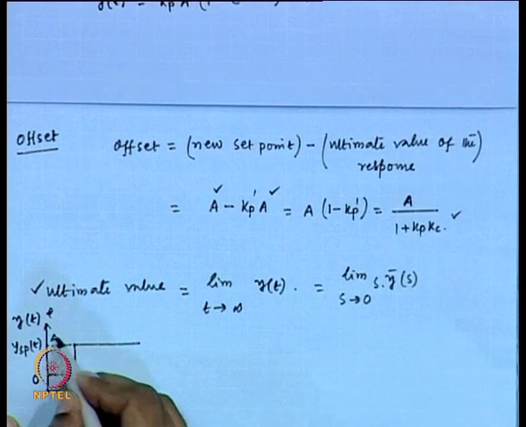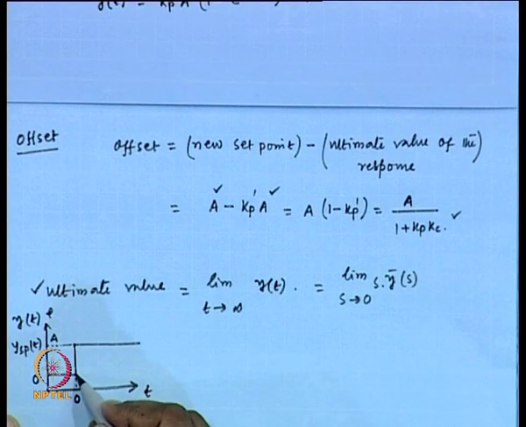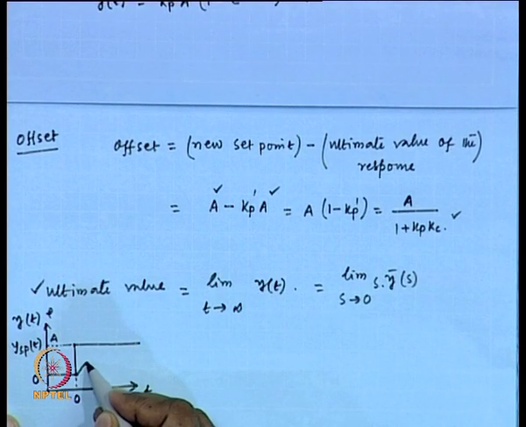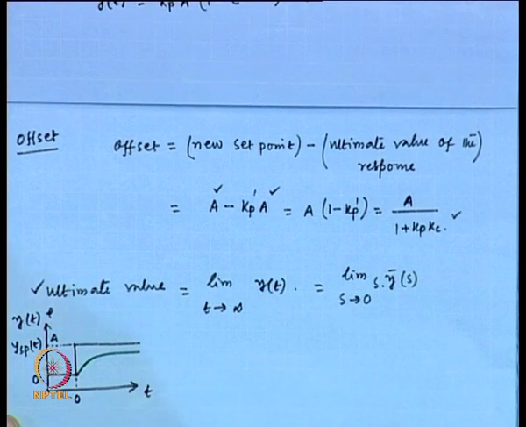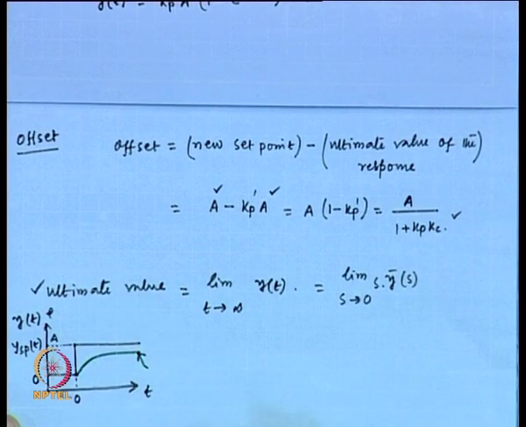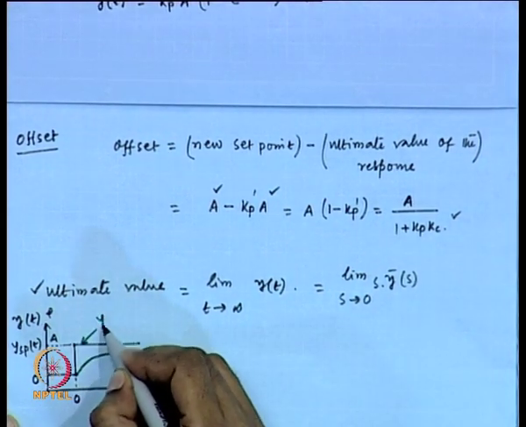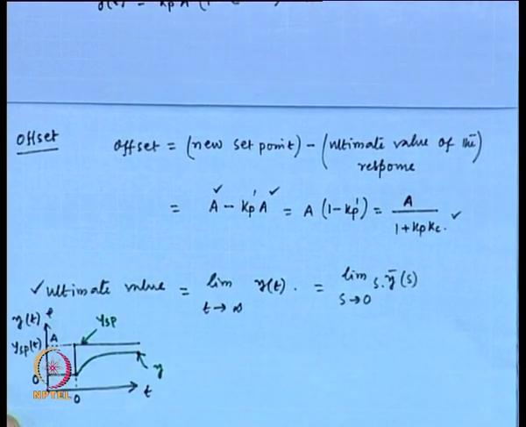This is A at time t equals 0. Fine. Now, the process under P only control responds like this. This is the process response under P only control, y, and this is representing y set point.